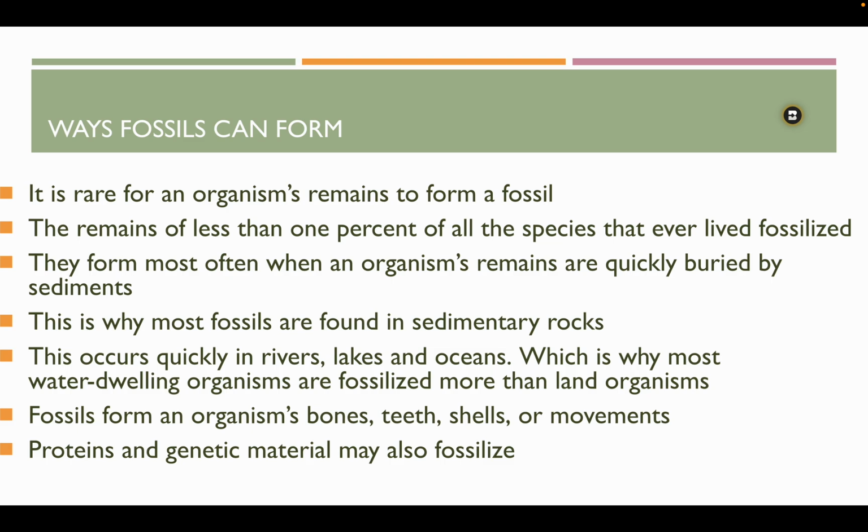So if you think to how the dinosaurs all went extinct, the most popular theory is a meteor hits the earth. Well, when that meteor hit the earth, all that dust and all that dirt got kicked up into the atmosphere. Anytime a volcano explodes, there's dust spewing into the atmosphere and ash.